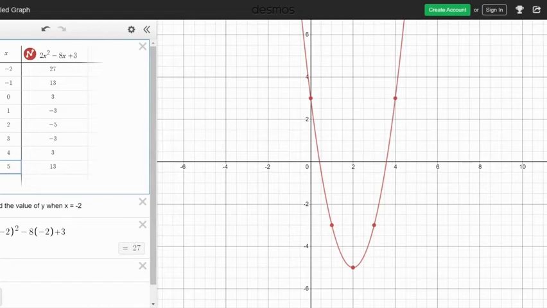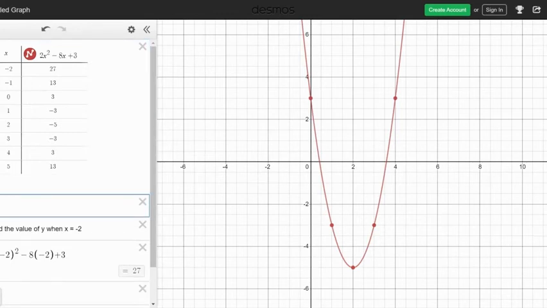The second thing I want you to think about is when we're thinking about a graph and thinking about domain and range, remember that domain is all the numbers I'm allowed to use for x.